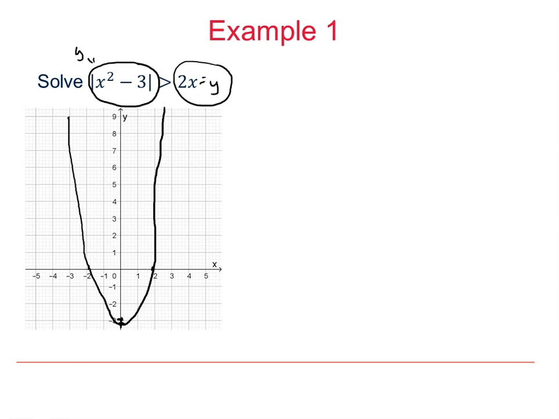Now for the modulus of that, the portion which is below the axis here will go upwards, so it will then go through plus 3 up here, and will now look like this.